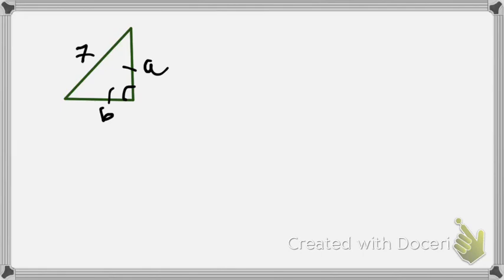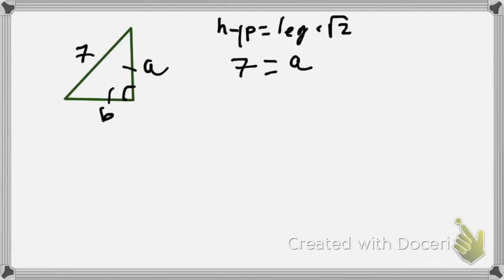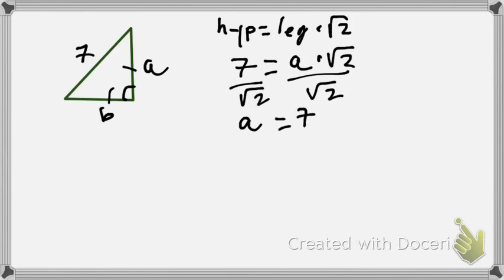Well, we just learned that the hypotenuse equals the leg times the square root of 2. So I know that 7 equals a times the square root of 2. Well, what would I do here? I would divide by the square root of 2, and that would give me the leg length of a equals 7 over the square root of 2.